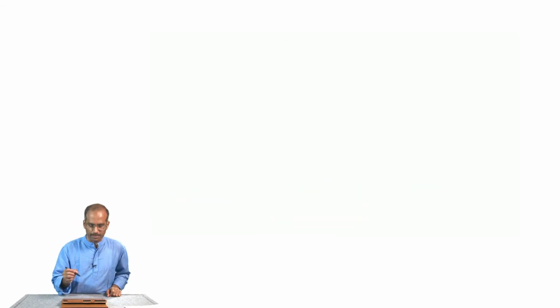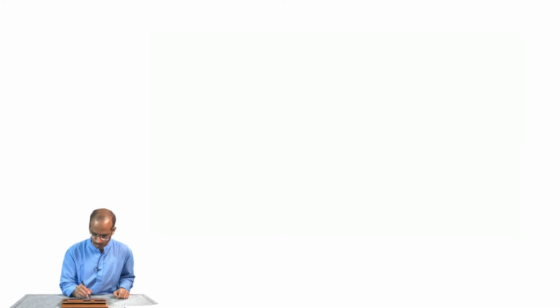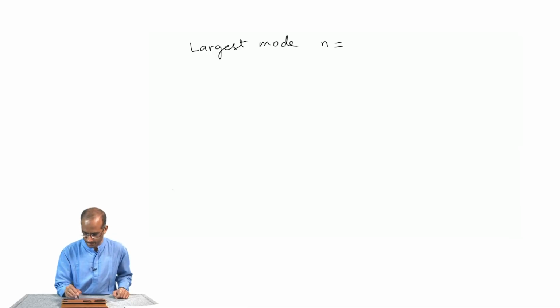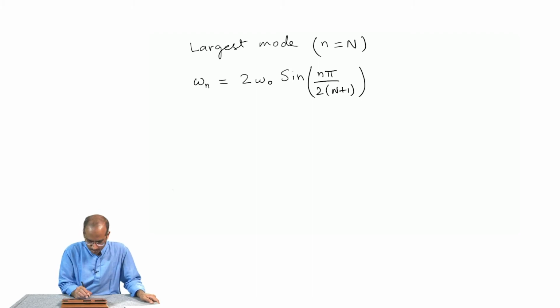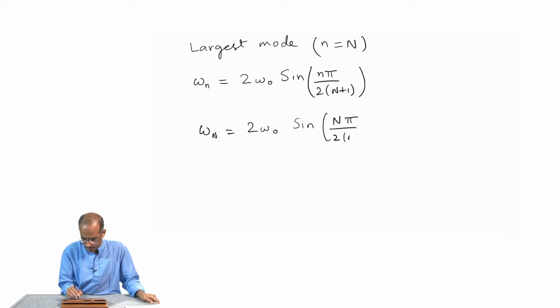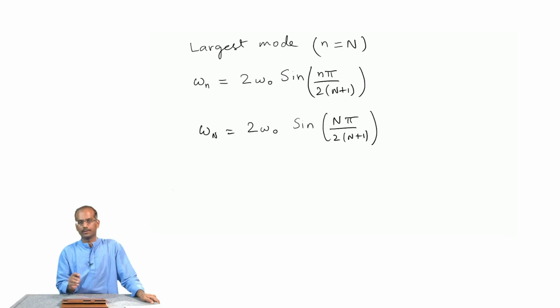So, with this understanding of the solution that we have got, let us look at the largest mode, which means that n, which indexes the mode, I will take it to be capital N. Now, if I plug in that n is equal to capital N, omega n will be equal to 2 omega 0 into sin n pi by 2 into N plus 1, and in the limit that N is very large, N divided by N plus 1 is approximately 1.